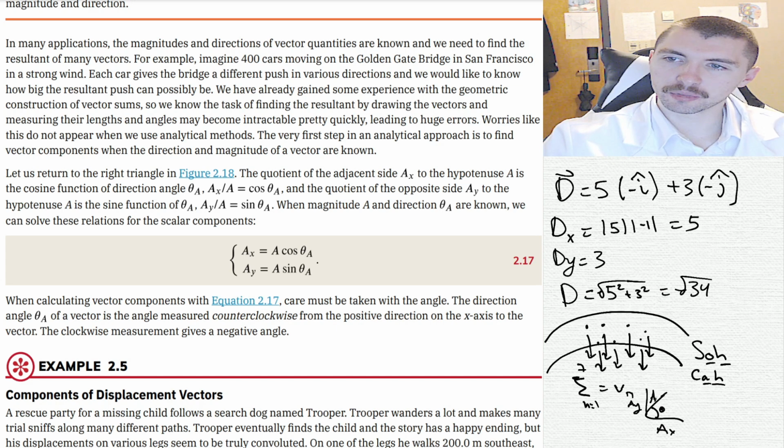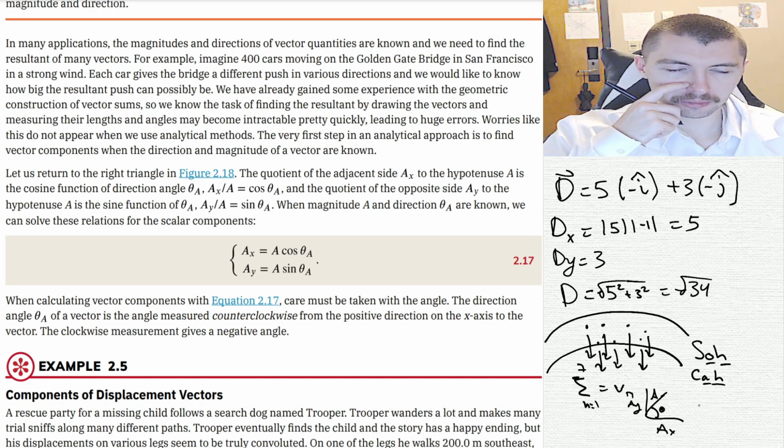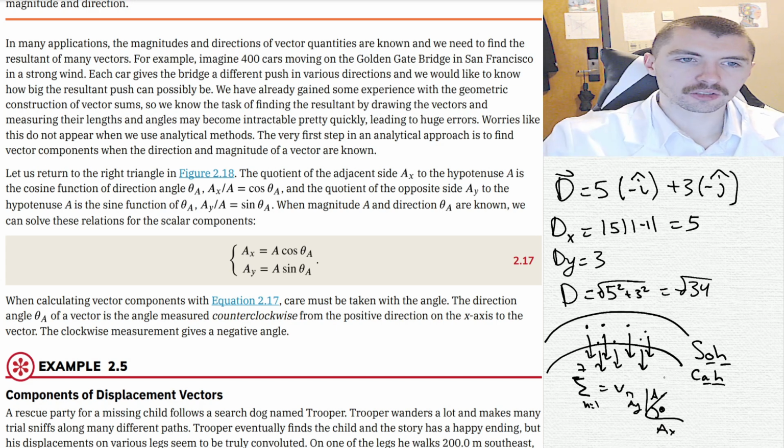A is the hypotenuse. We're not calculating anything, this is an abstract representation. So you can find theta.